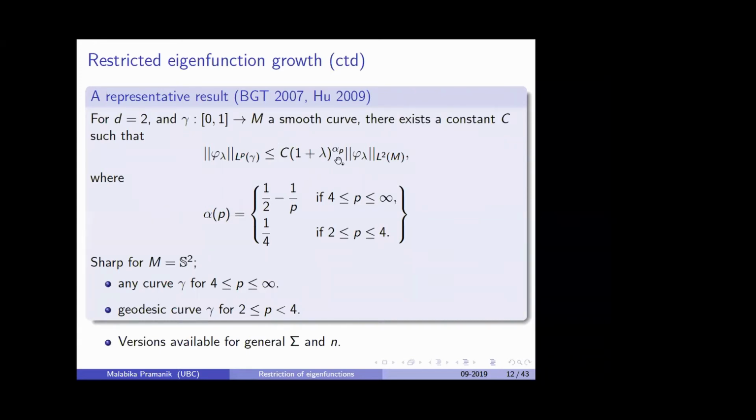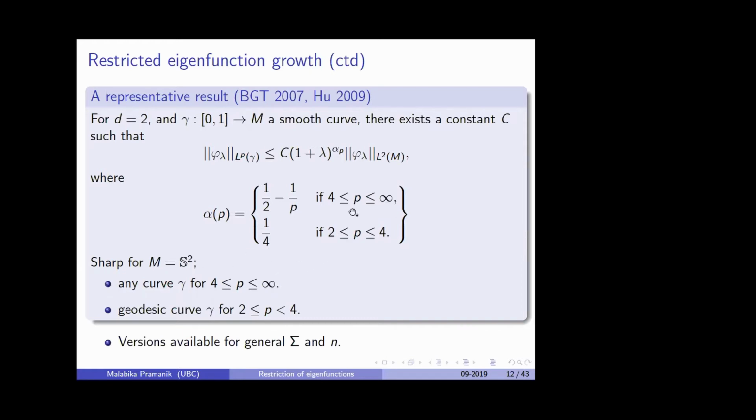Here, the growth exponent alpha_p splits into two parts, staying at a quarter for p between 2 and 4, and increasing linearly in 1 over p for p between 4 and infinity, hitting half at p equal to infinity. Once again, this result is sharp on the two-sphere.